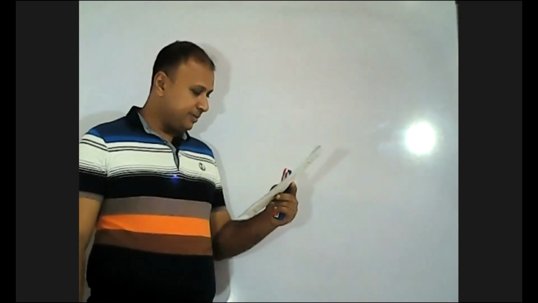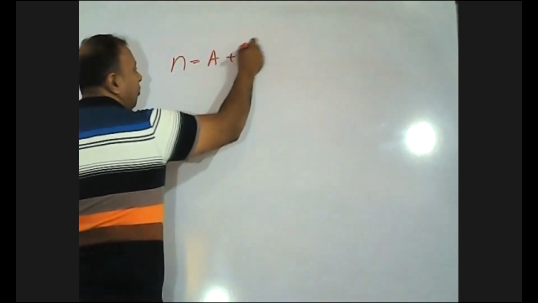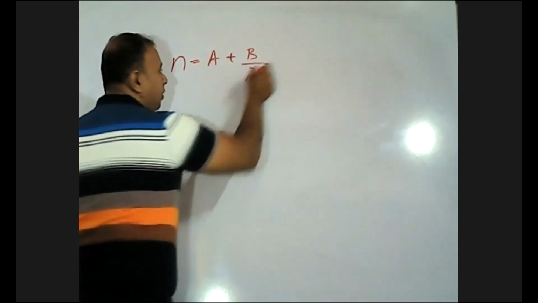59. Again, n is equal to a plus b over lambda squared.